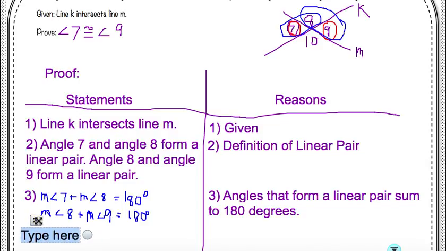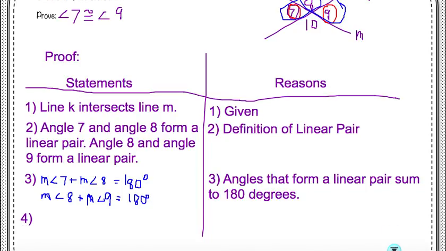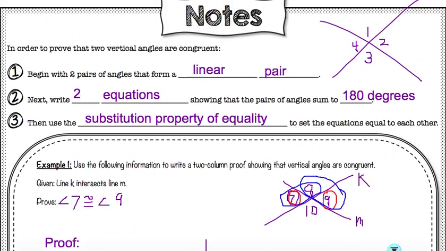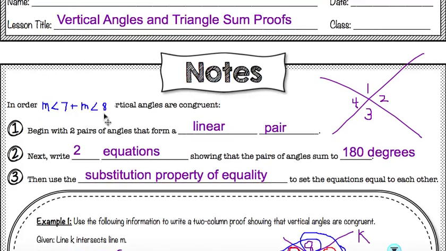The next step is I can see that these two equations are both equal to 180. That means that they're actually equal to each other. So I'm going to rewrite this and say that they're equal to each other.